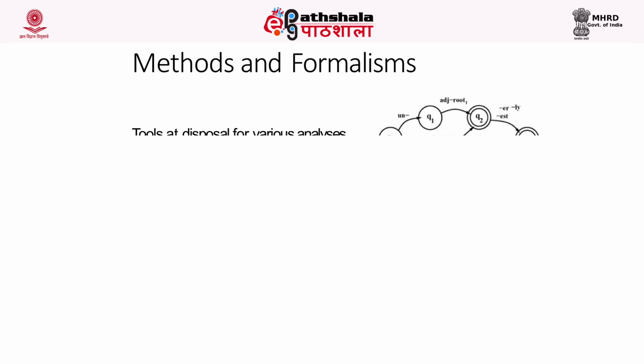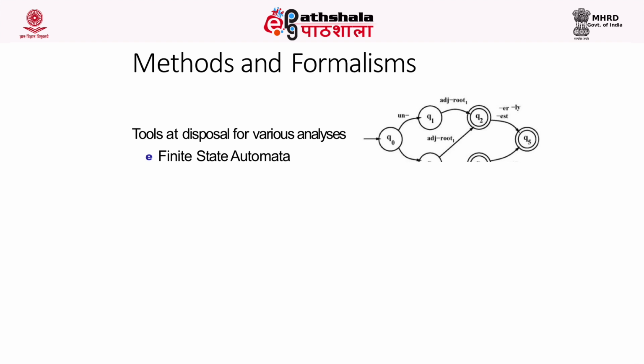Now these are machineries where one gives an input which passes through various states and transitions, and you get the final output. In our case, we can take one example, say unclear, say clear.